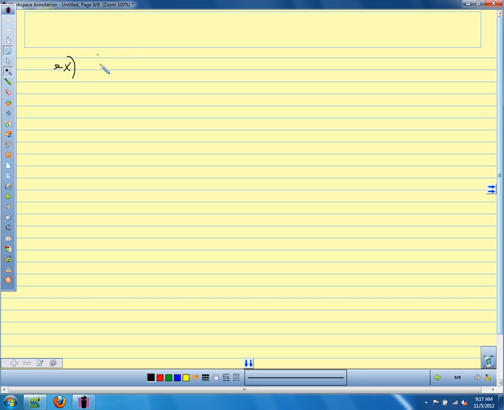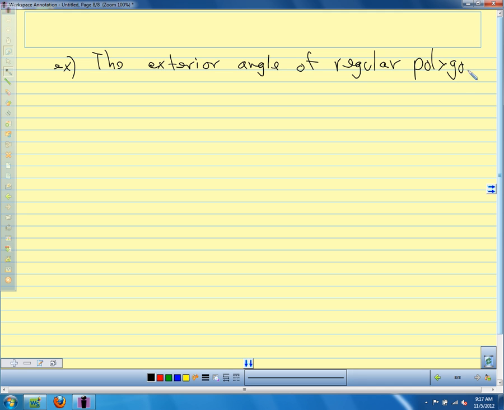We have the exterior angle of a regular polygon is 30 degrees.